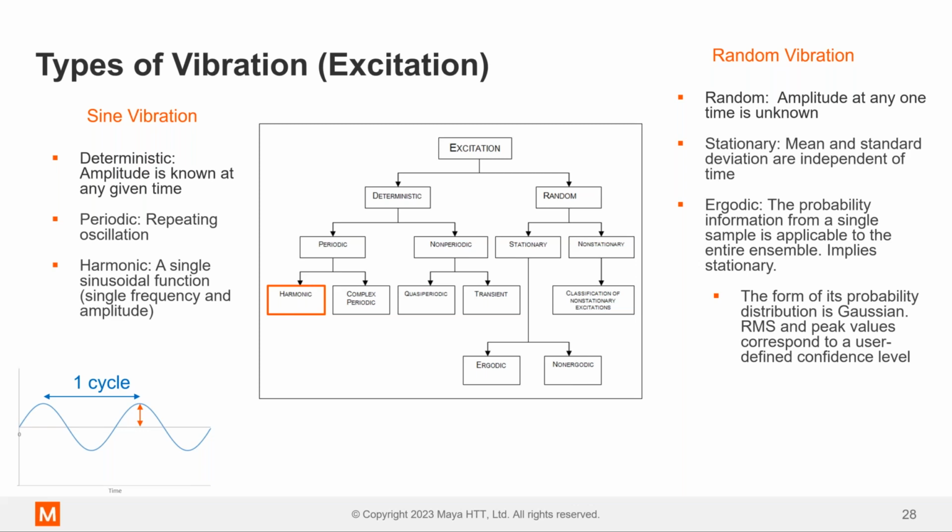And the form of its probability distribution is Gaussian. So the RMS and peak values will correspond to a user-defined confidence level. That idea, if you've worked in industry and used this, you might have heard like 1 sigma, 3 sigma, peak, RMS. That's what we're talking about there.